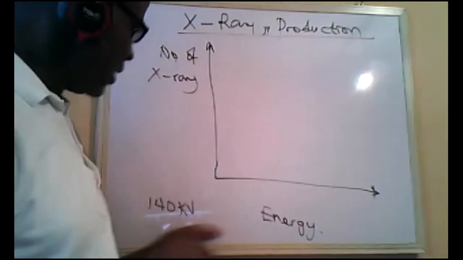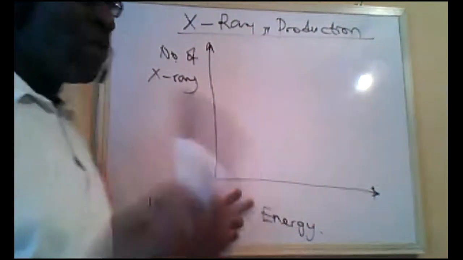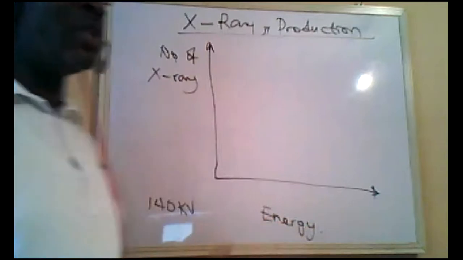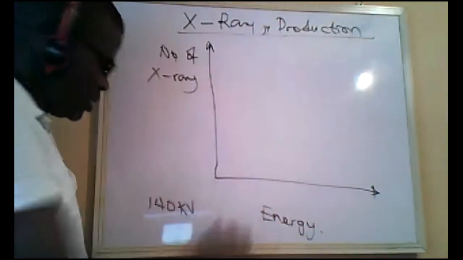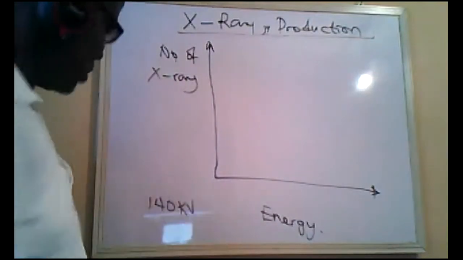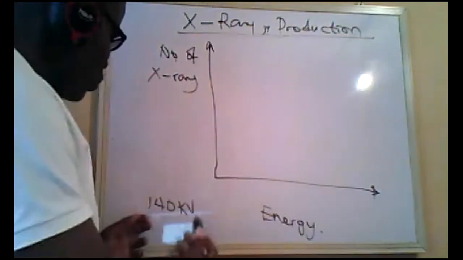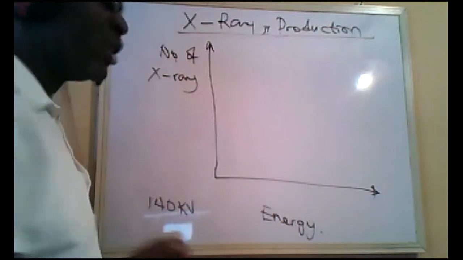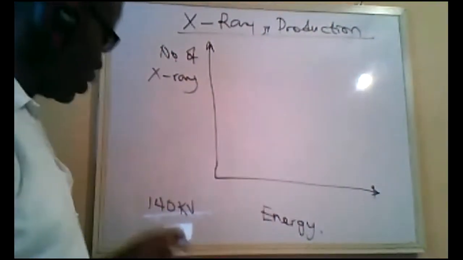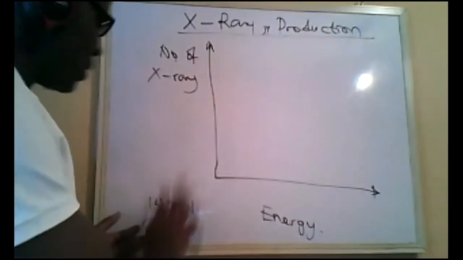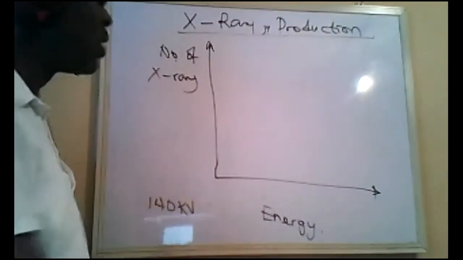When we set these parameters, the radiographer just puts in these values and presses the tube. The tube warms up based on the parameters we have provided.